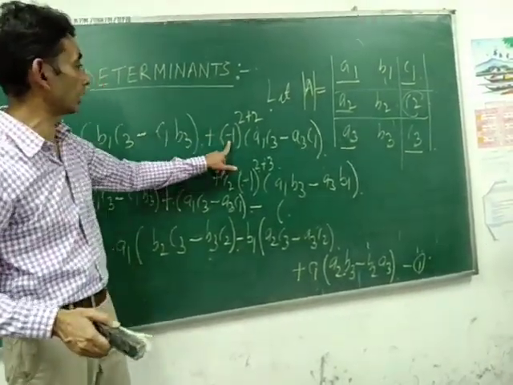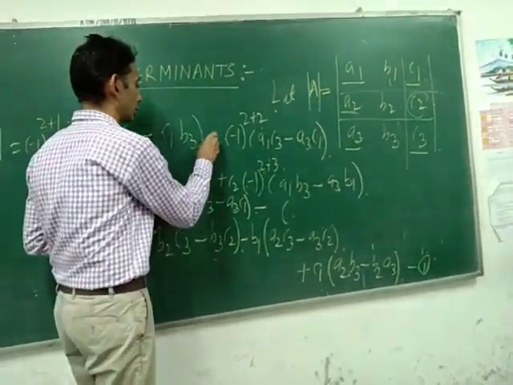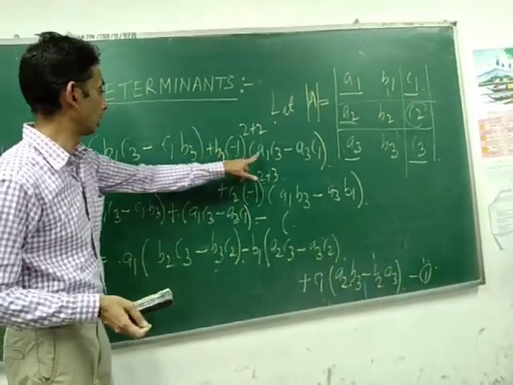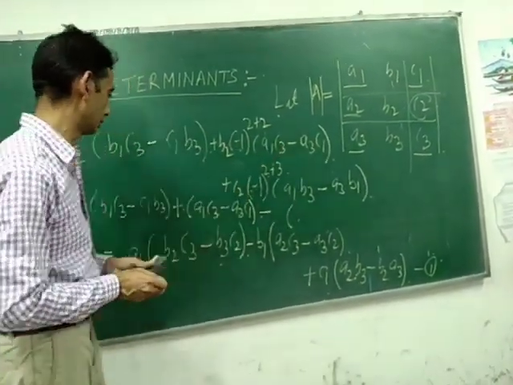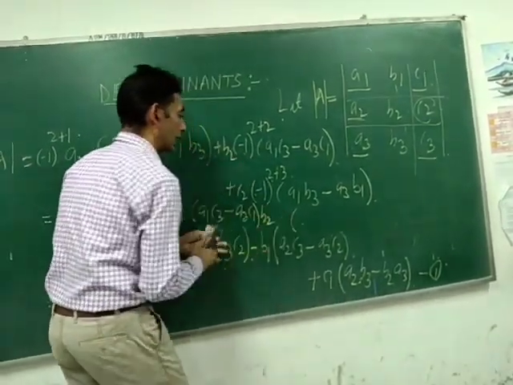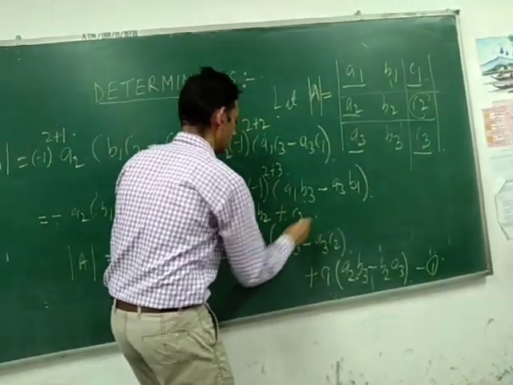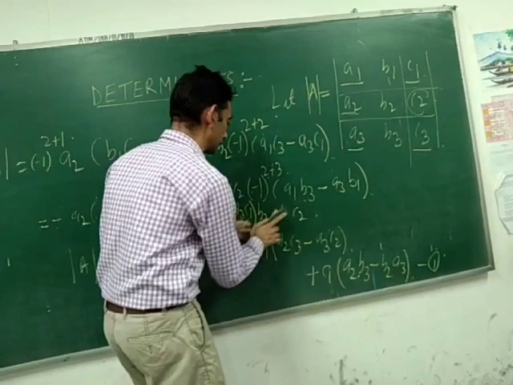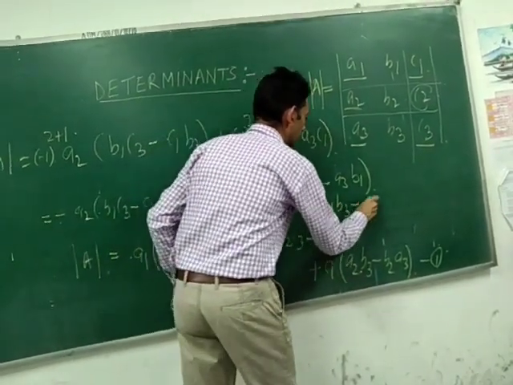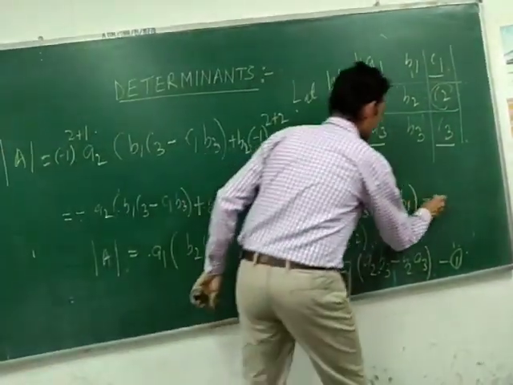This is the second element, that is B2, which is missed out here. Now here A1 C3 minus A3 C1 is to be multiplied by B2, and the last here it is C2, and minus 1 to the power 2 plus 3 is minus, so it will be minus C2 times A1 B3 minus A3 B1. Okay, now this is 2.